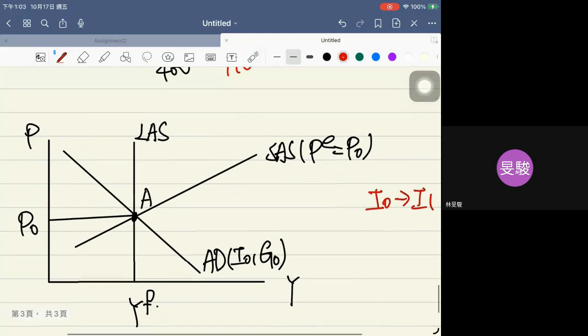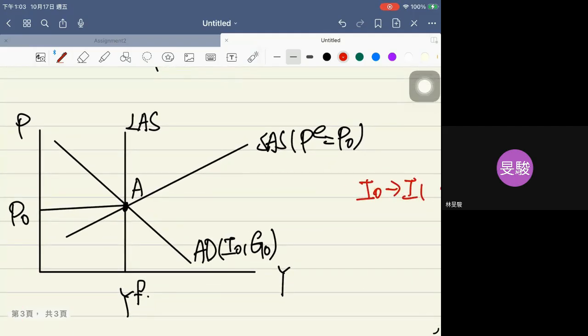So the AD will shift right, and this is I1, and this is G0.